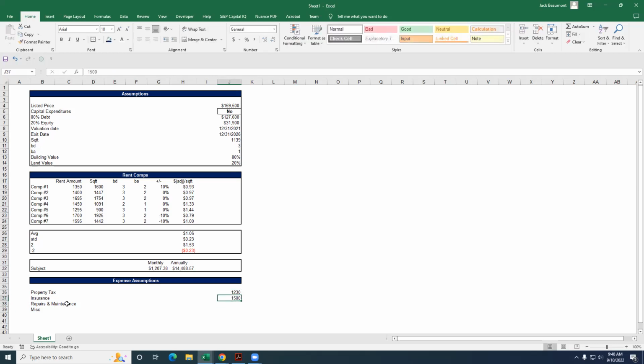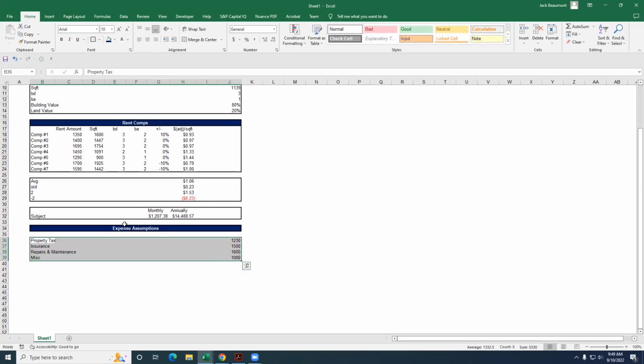Same with insurance, and the repairs and maintenance are based off an estimate of what the value is. It's normally about 1% of value, and then I put in 1,000 for just random expenses. Okay, so we got that built out.